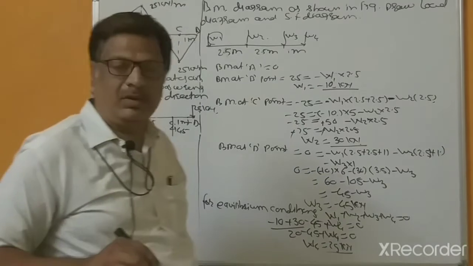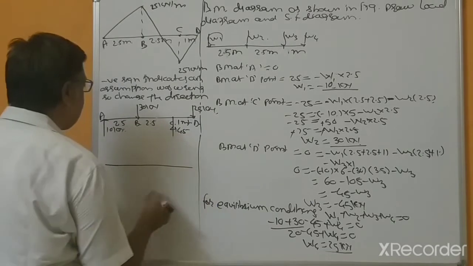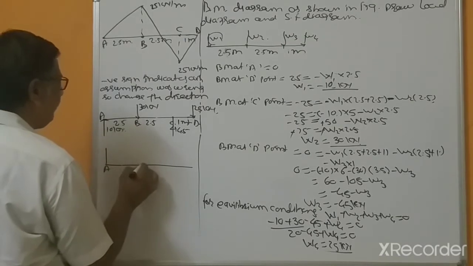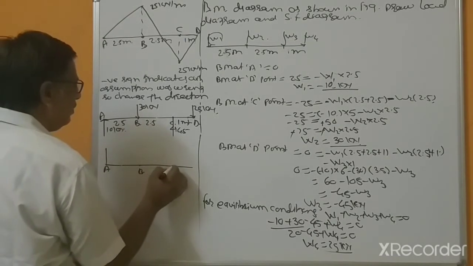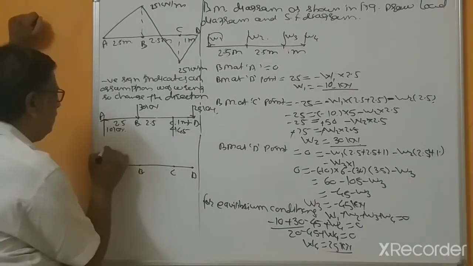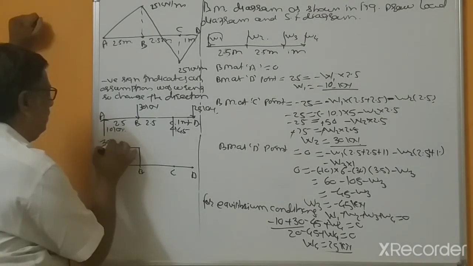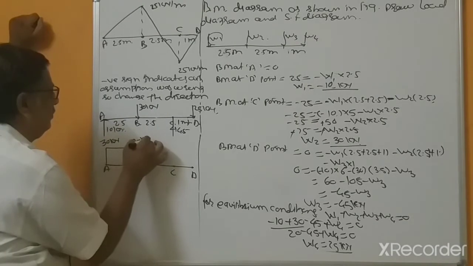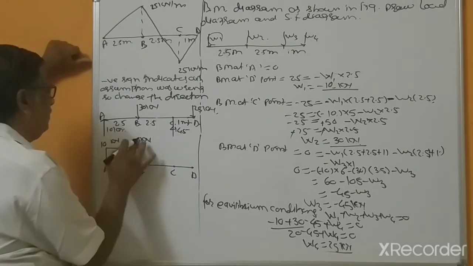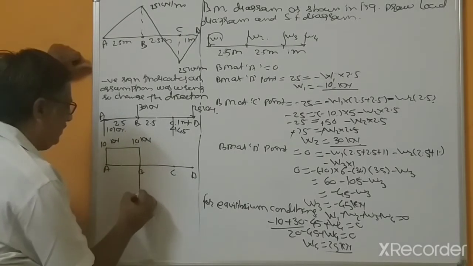This is your bending moment calculation. Now the shear force diagram. Directly you can draw it, because this is 10 kilonewton at A point, B point, this is C point, D point, 30 kilonewton, sorry, this is 10, this is 10, so this is 20.